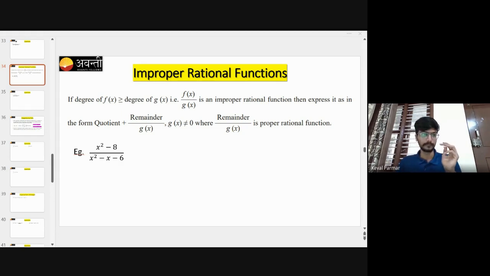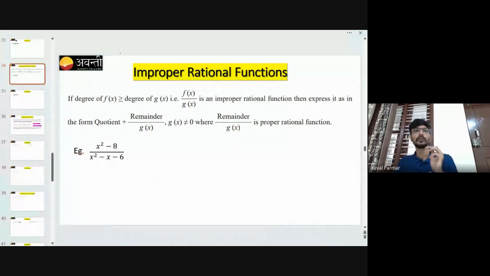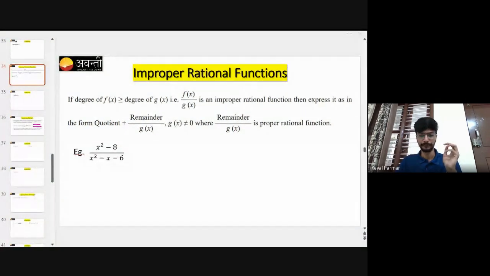So first, let me tell you what improper rational functions are. Do you know what rational functions are? Rational functions are basically polynomial upon polynomial. In rational functions, we have two types: proper rational functions and improper rational functions.